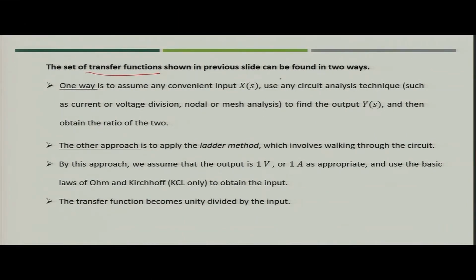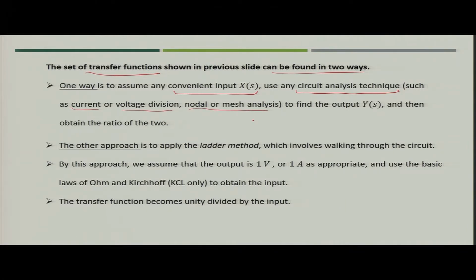So, basically we have two ways to process the information and find the output response. First method is that let us assume that we have one convenient input Xs. This Xs can be either unit impulse or maybe unit step function, unit ramp, whatever it is, you can assume a convenient input. Now, you will use the circuit analysis techniques we discussed in our previous lectures, like current or voltage division or nodal or mesh analysis.